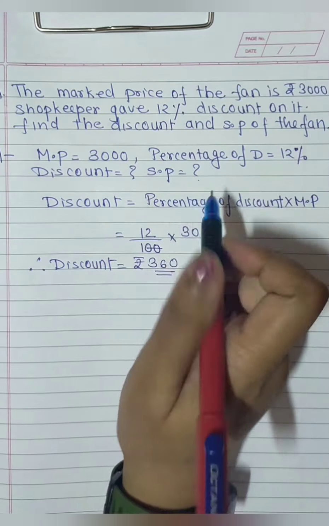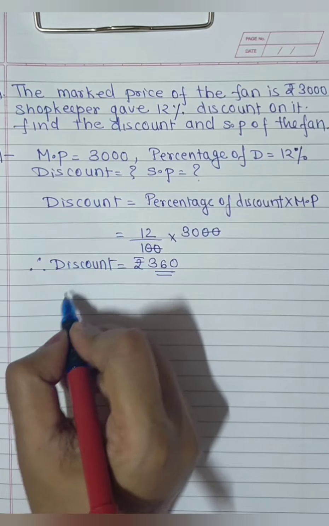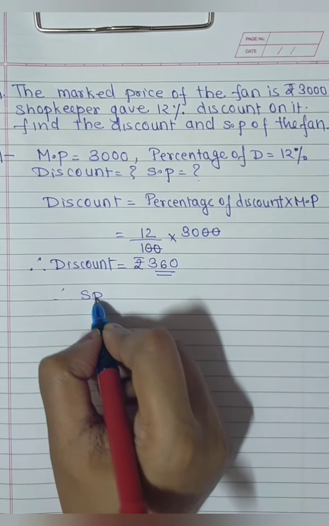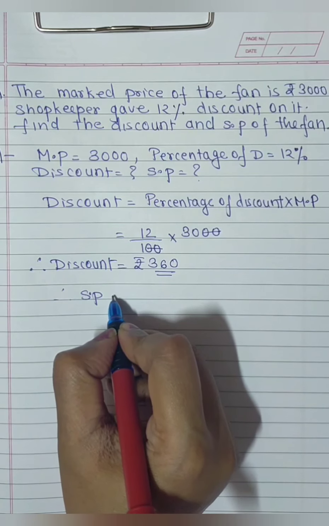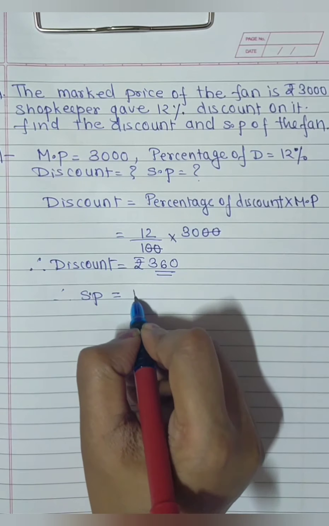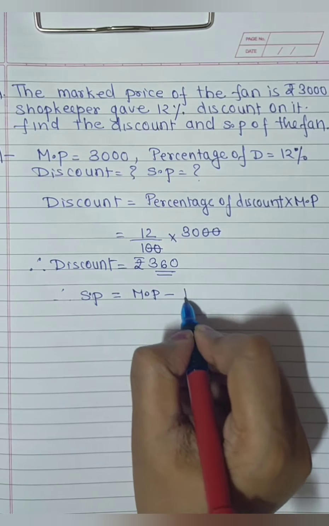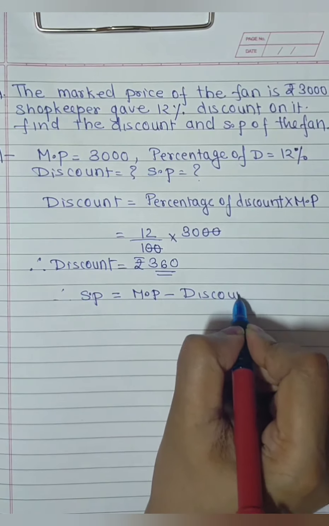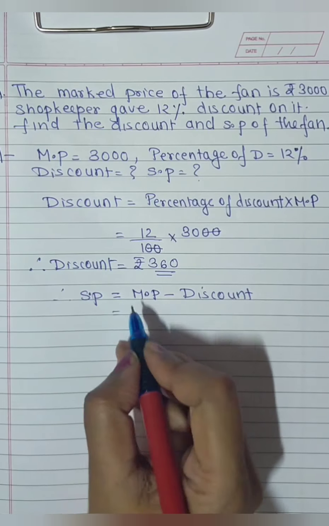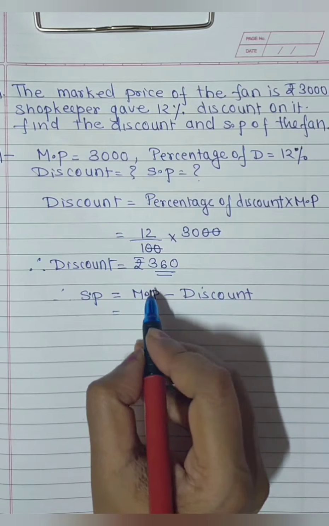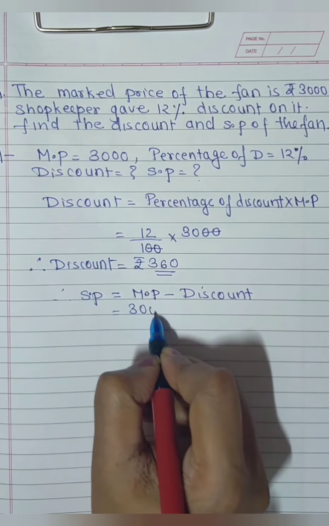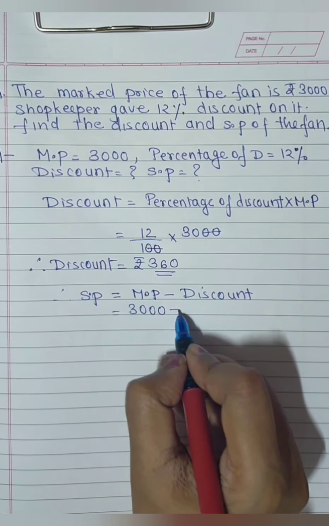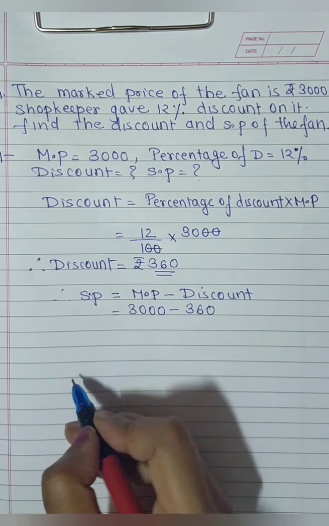Now we are going to find the selling price. So therefore selling price is equal to MP minus discount. Okay, we are having MP as 3000 and discount we got 360.